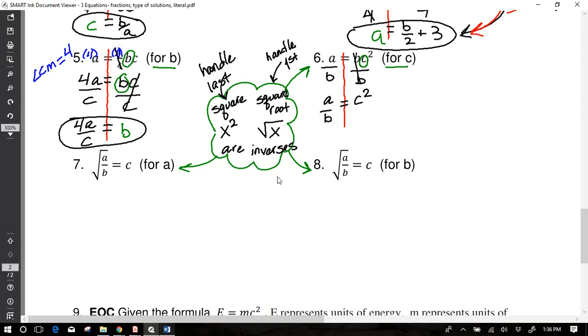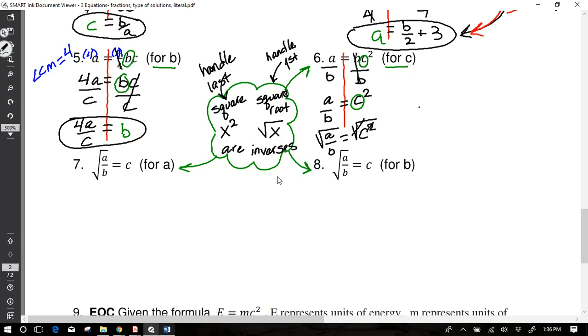I'm going to circle the C again. Now I have a C squared, and that's it, C squared. There's nothing else on that side with it. So the only way to get rid of the square is to take the square root of C squared and take the square root of A over B. And what happens is the square and the square root will cancel each other out.